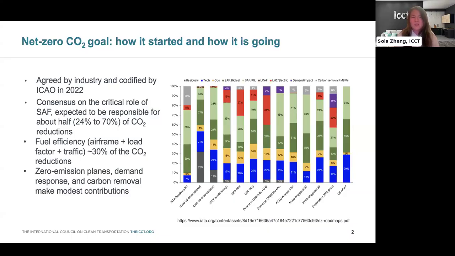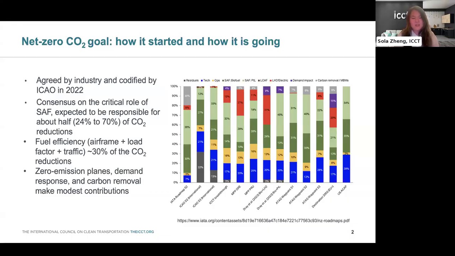So you can see that there is an overwhelming consensus that SAF is the most critical mitigation technology, at least in the CO2 space, and it's on average half of the reductions in all the roadmaps. It's followed by fuel efficiency improvements on both airframes and operational activities at 30% of the total reductions.